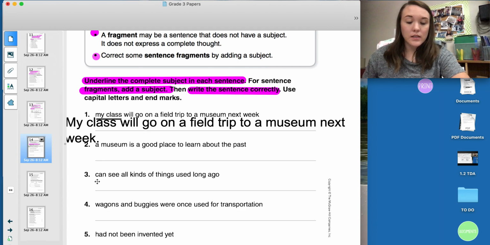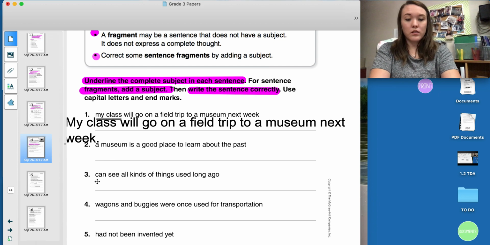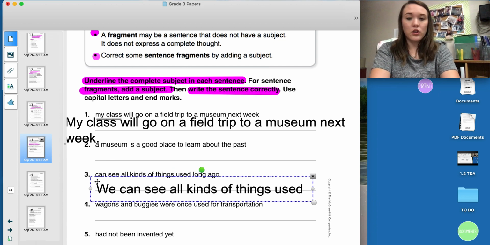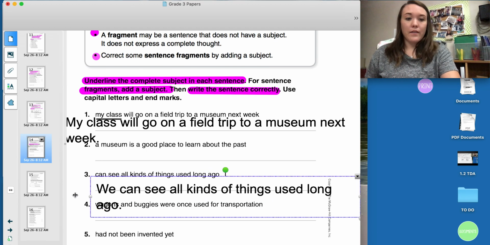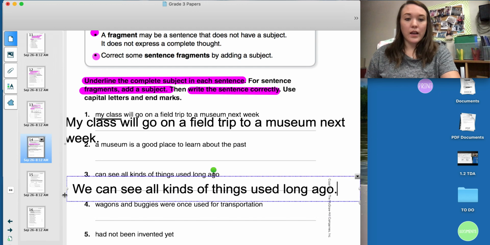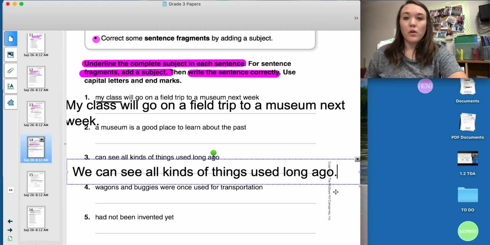I am going to say, we can see all kinds of things used long ago. I fixed this sentence by adding a subject, we. I put a capital W and a period at the end because, again, this is a statement. You will complete this page with the same directions for 2, 4, and 5.